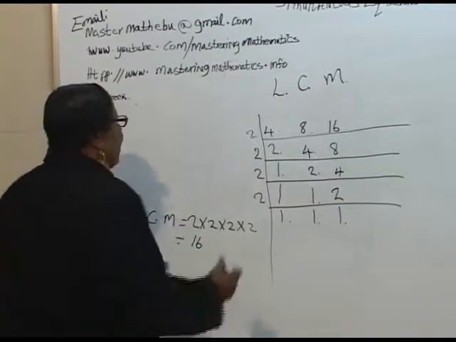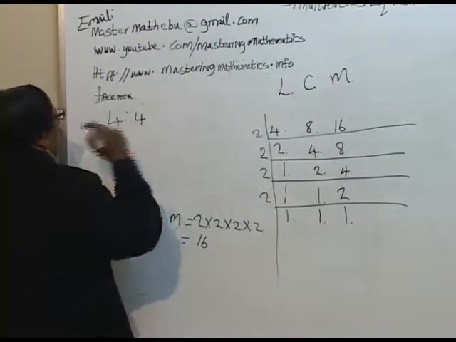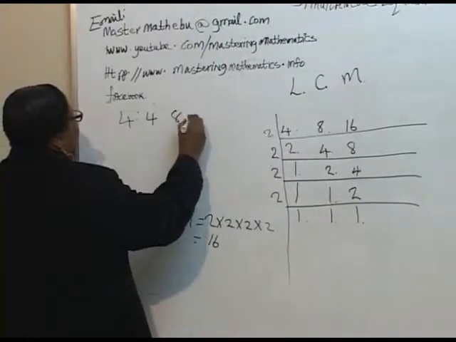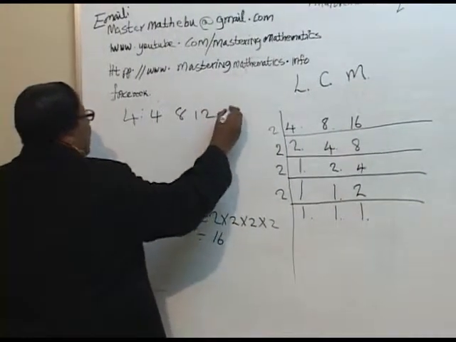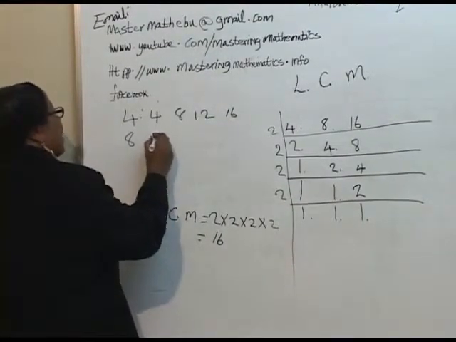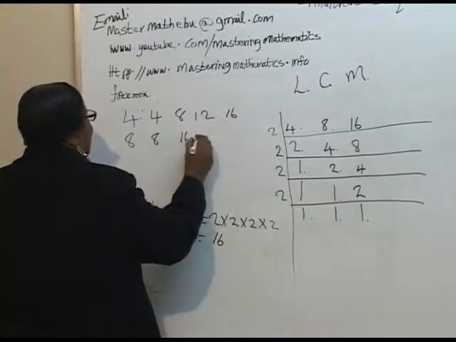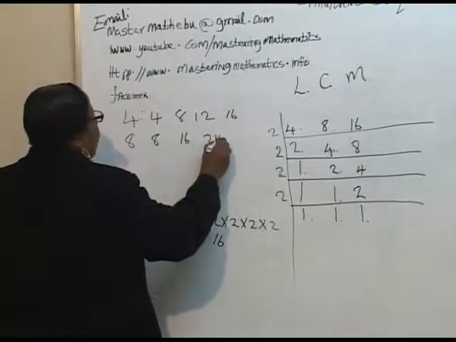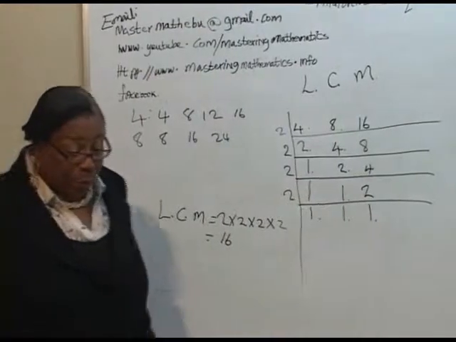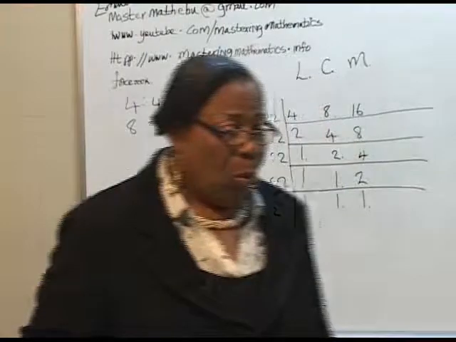But it is not the best thing to let them go by multiples. So they're going 4, and then 8, and then 12, and then 16. Because if you have 8, look at how big the number gets: 8, and then 16, and then 24. And these children are just what, 7, 8, 9 years old? So we don't want them going so high.